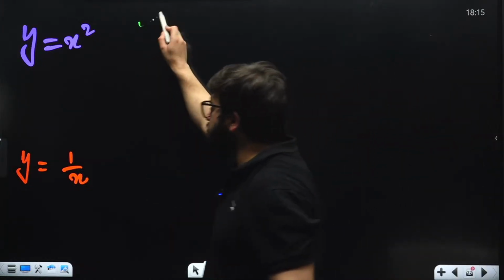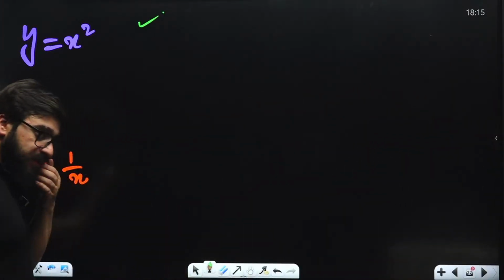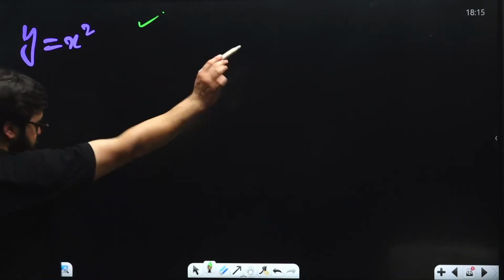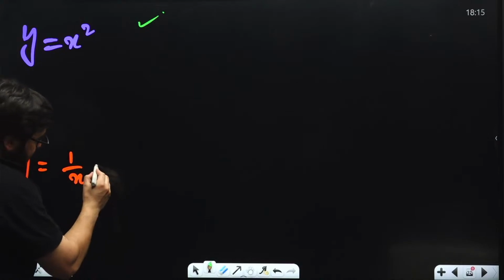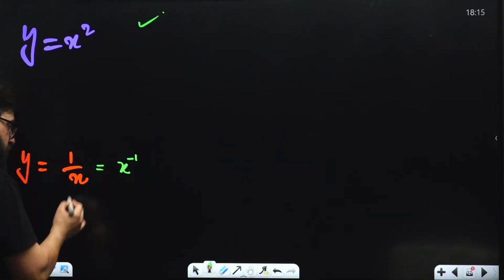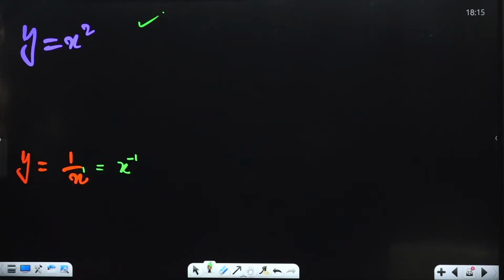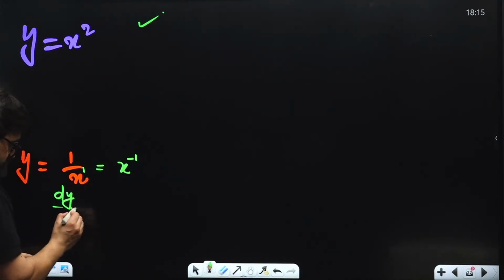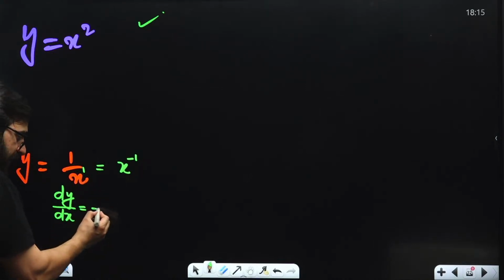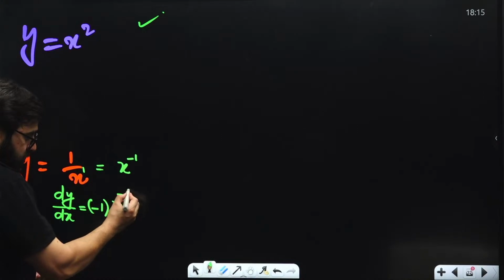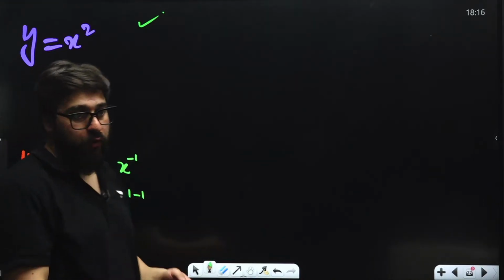Okay, done with this. 1 by x. What is the differentiation of 1 by x? Guys, see. I can write it something like this also. Take this in the numerator, so it will be x raised power minus 1, because here in the denominator it has got power 1. Now do the differentiation. So dy divided by dx will be power down, that is minus 1, x raised power minus 1 minus 1, power minus 1.